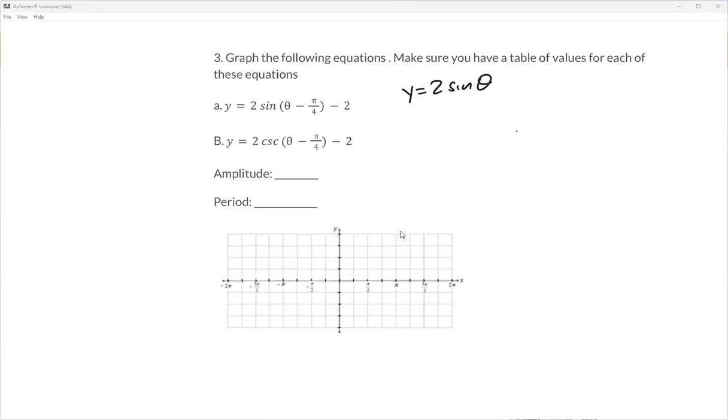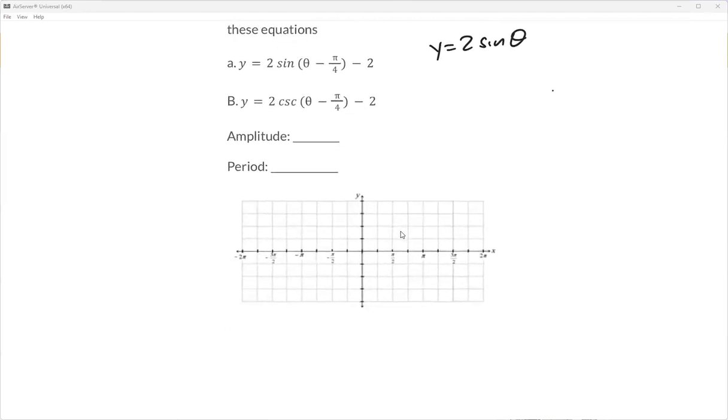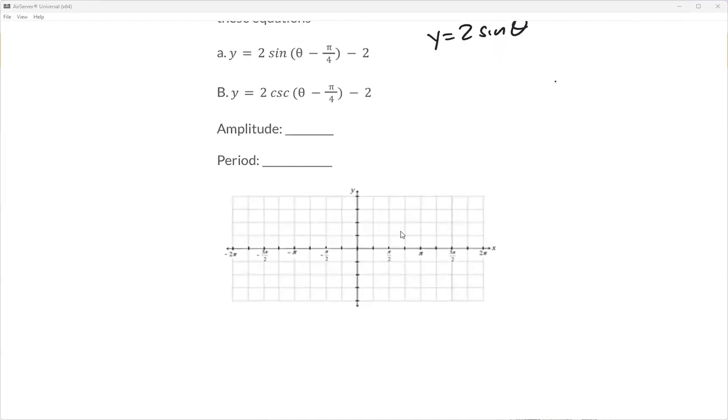Okay, so let's graph 2 sine theta. The amplitude is 2. Start at 0. Period is 2 pi, so divide it into 4 parts. I like to divide it into 4 parts because it tells me the max, mins, and zeros.